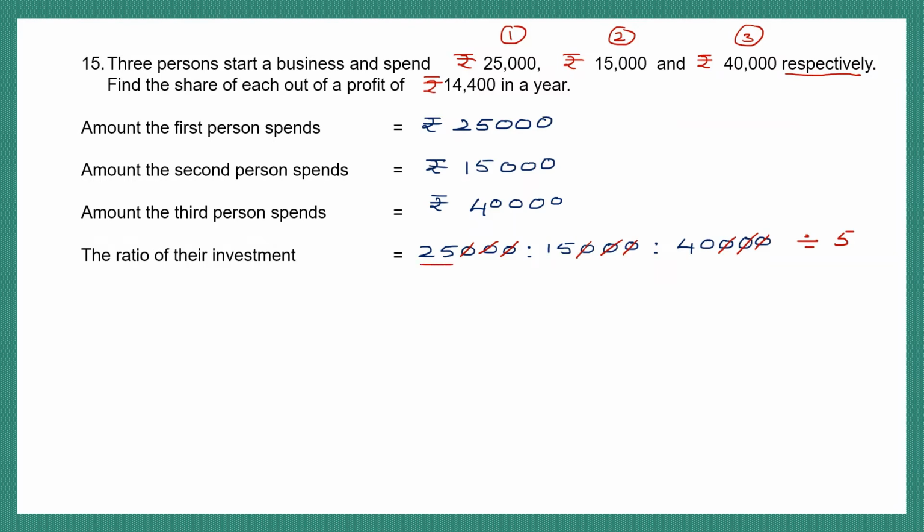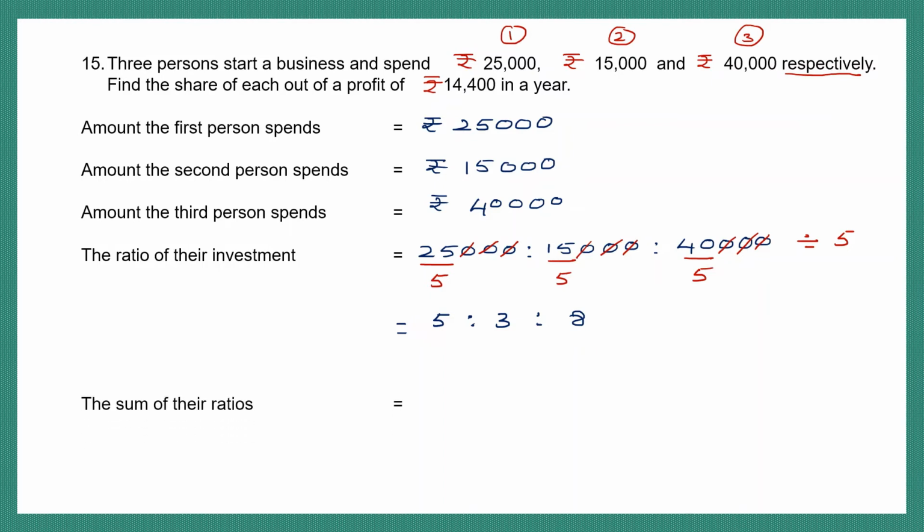So if I have to divide 25 by 5, 15 by 5 and 40 by 5, what do I get? 5 fives are 25, 5 threes are 15, 5 eights are 40. So my ratio is 5 is to 3 is to 8.